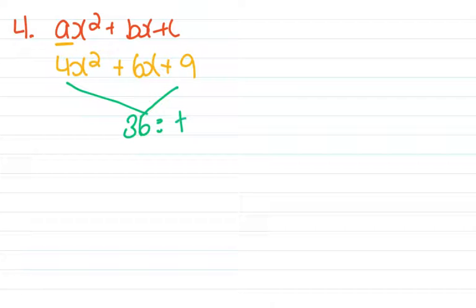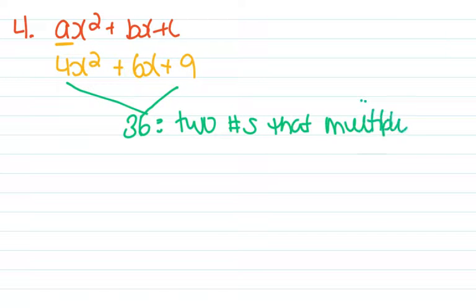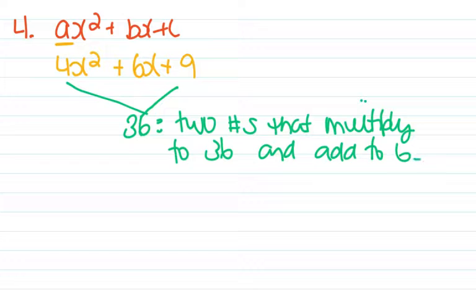Now I need 2 numbers that multiply to 36 and add up to 6, that middle term. Okay, so this one doesn't actually work because I just made it up, but we'll do another example of this in a minute where it actually does work.